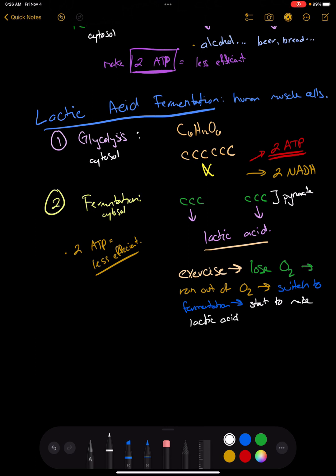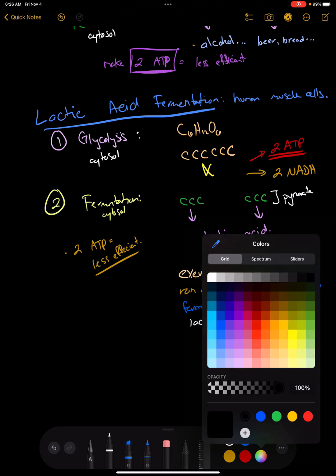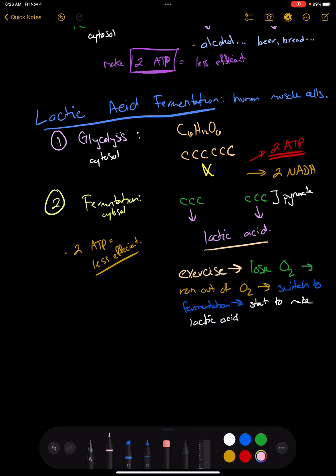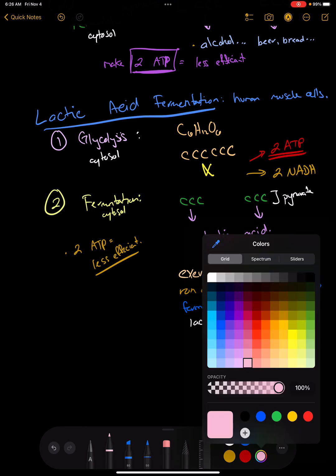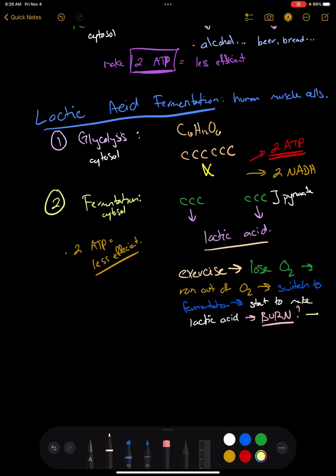And if you can imagine acid inside your cells, doesn't feel real great. And so when you switch to that lactic acid, that's when your muscles just start to burn, right? Like they start to hurt so bad. Well, guess what? When they start to hurt so bad, that means you start to slow down. Because if you slow down, guess what?